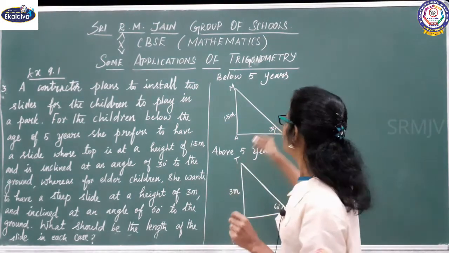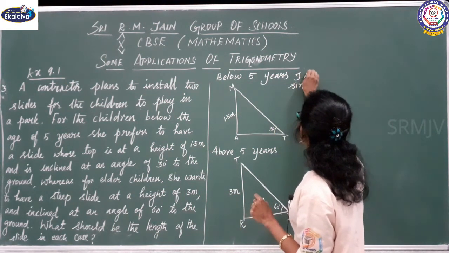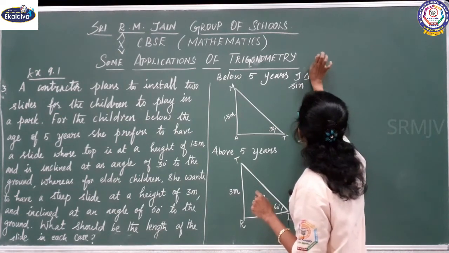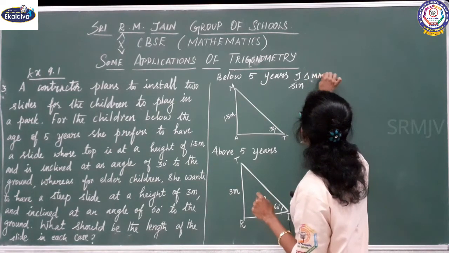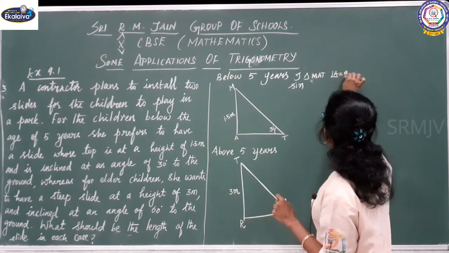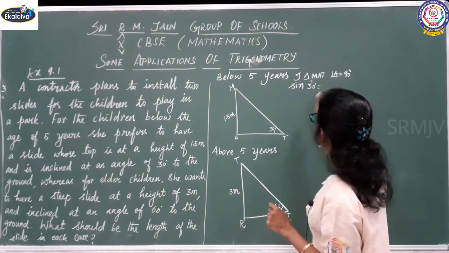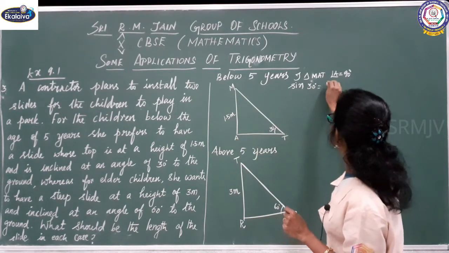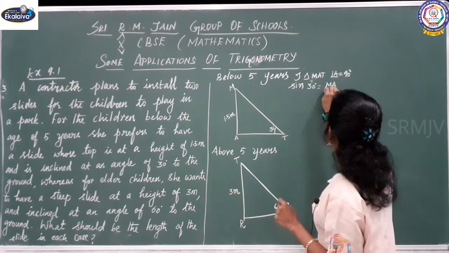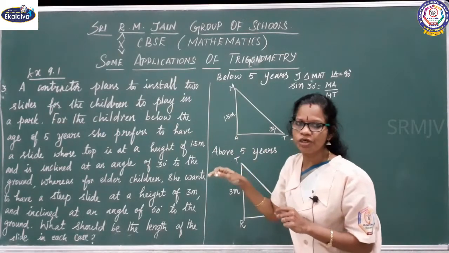Sine. Right? Now, sine 30 degree in triangle MAT, angle A equal to 90 degree, sine 30 degree equal to opposite by hypotenuse. Here opposite measurement is given to you.